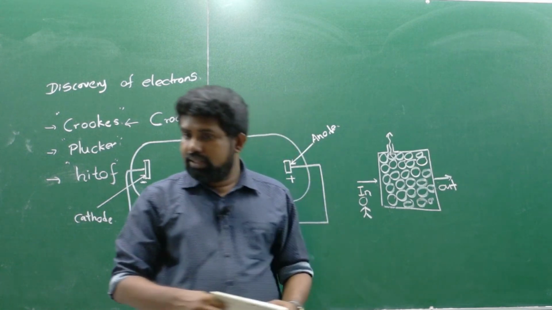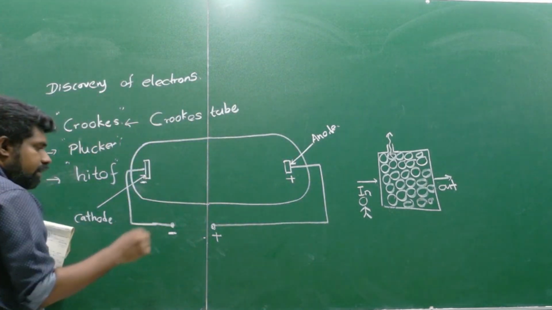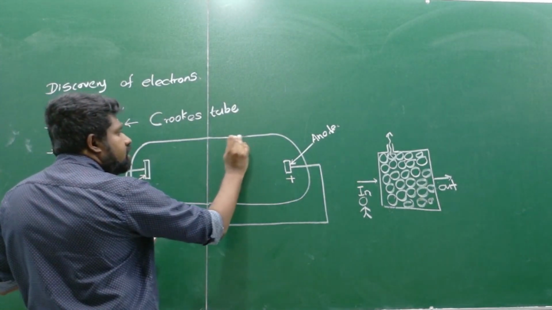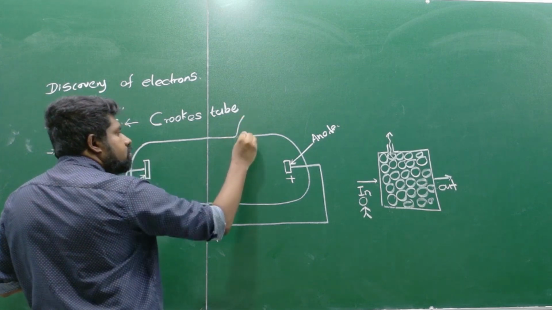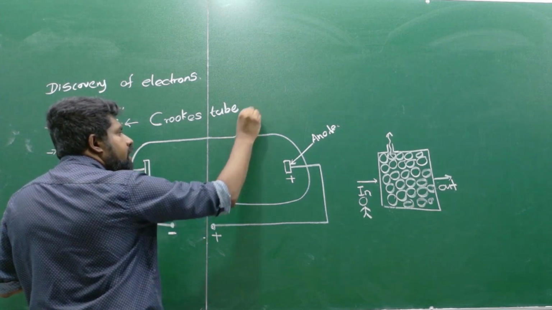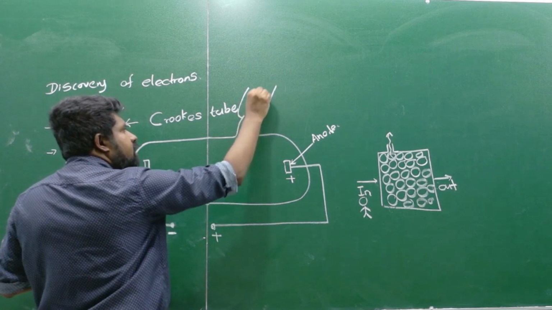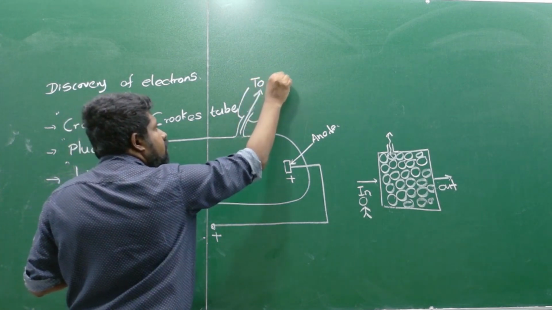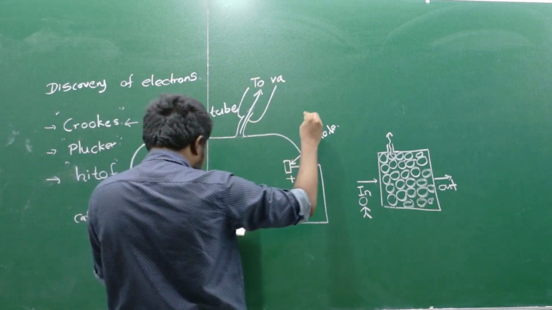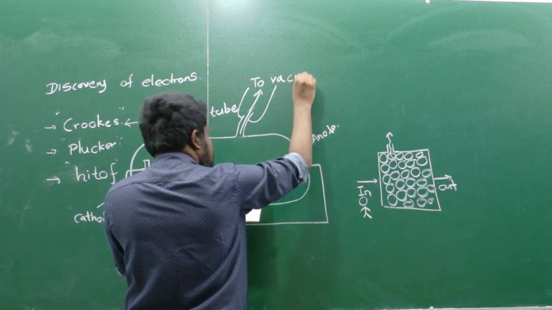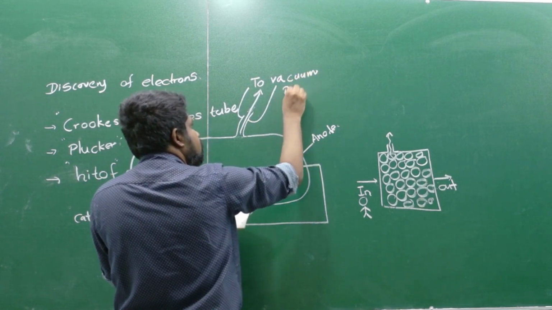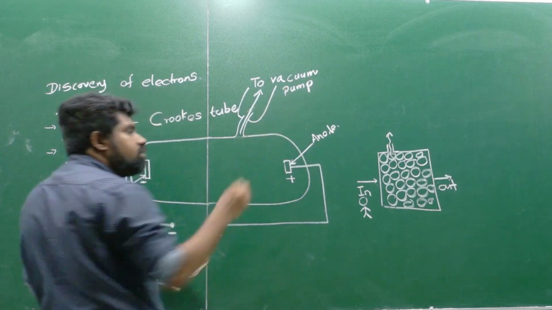So for this, what they did was, they connected this to a special apparatus, that is the vacuum pump. So this is connected to a vacuum pump. You know what a vacuum pump does, no?